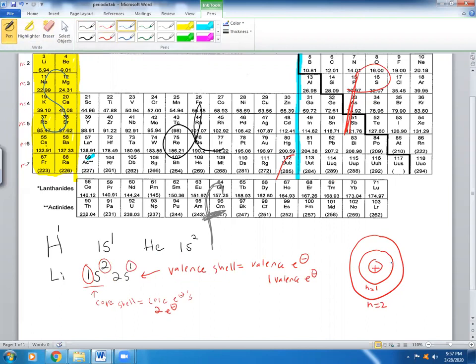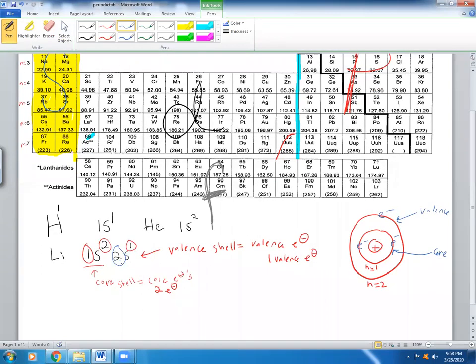I have 2 electrons. Here's 1. There's 2. And then in the valence shell, I have 1 more. That's lithium right there. And the nucleus has 3 protons, as we said. So that's how you should think of it. This is the core. The one on the outside is called the valence. How do I know it's on the outside? Well, it's the one with the largest number.